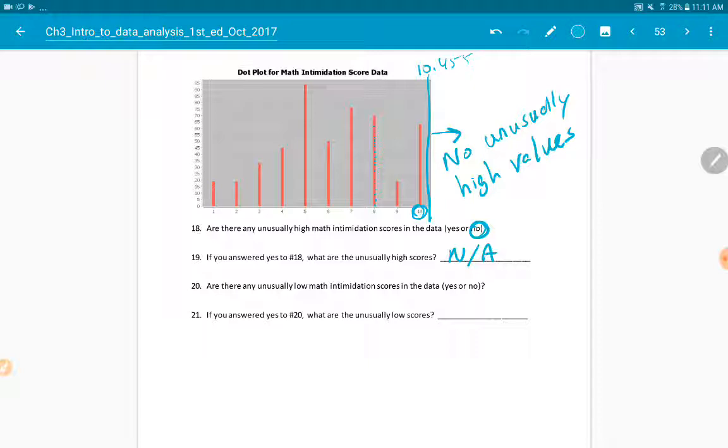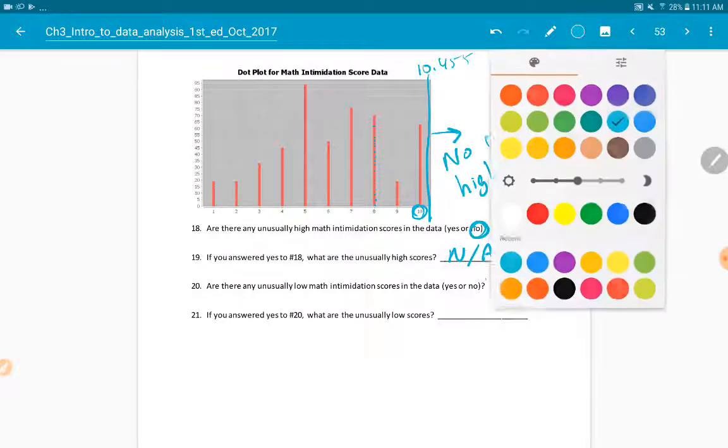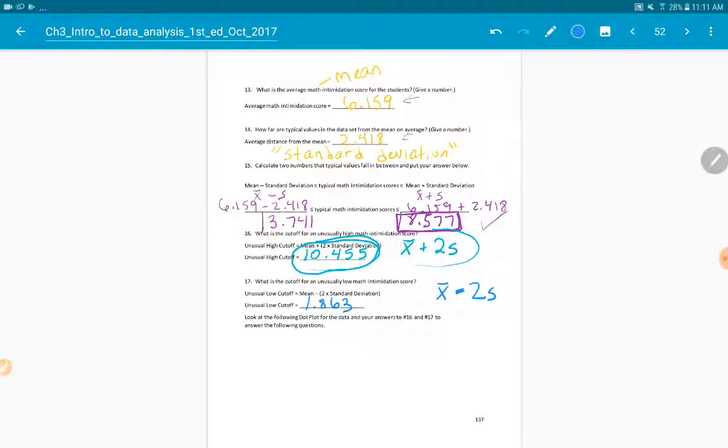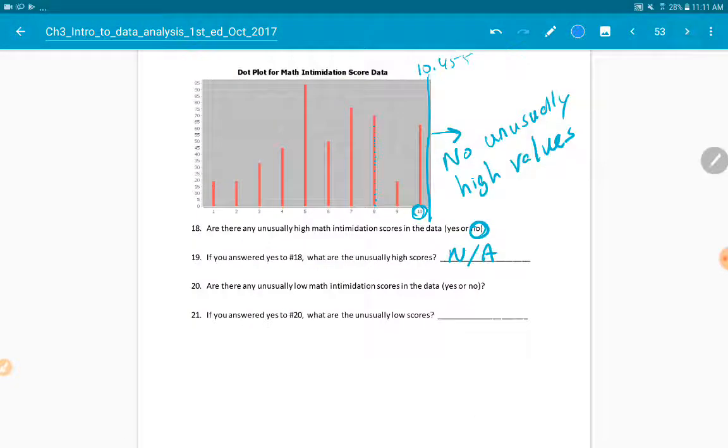And now we're looking at unusually low math values. So I need to get the boundary for that, which was 1.863. So that boundary is right about here. And if I look left of that, then yes, I can see there are a bunch of values that are unusually low, and that's the 1. Remember, this is a bunch of dots.